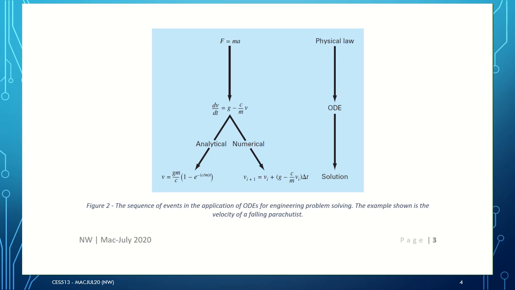F equal to ma is Newton's second law, and it was used to develop an ODE describing the rate of change of velocity of a falling parachutist. Then by integrating this relationship, we obtain an equation to predict fall velocity as a function of time. So we have an analytical solution and also a numerical solution.